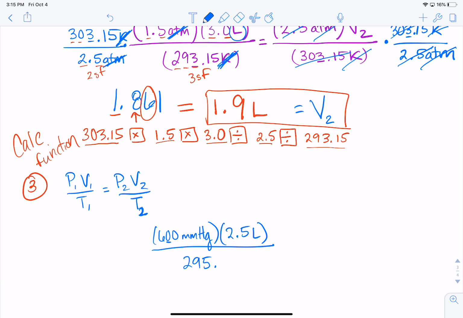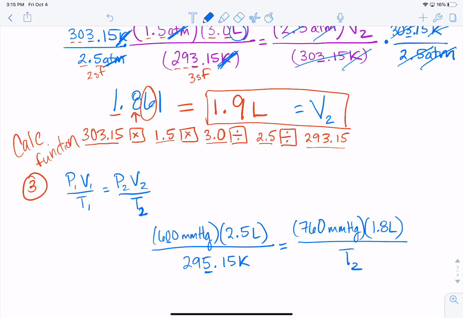Did I just do that math right? Okay, thanks, because I'm doing that from memory there. Our P2 is 760 millimeters mercury. Our V2 is 1.8 liters, and now we're looking for T2.